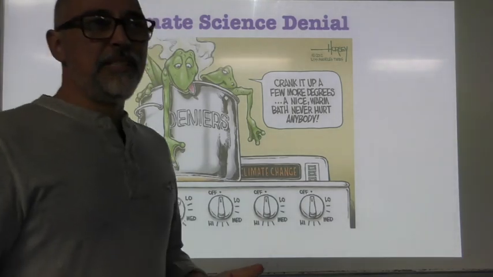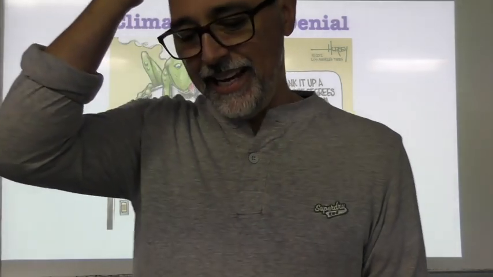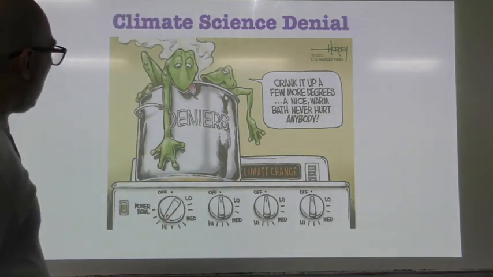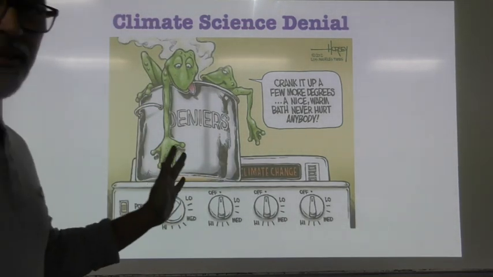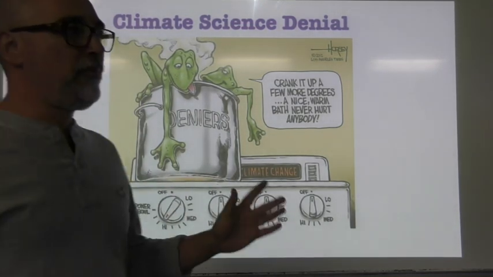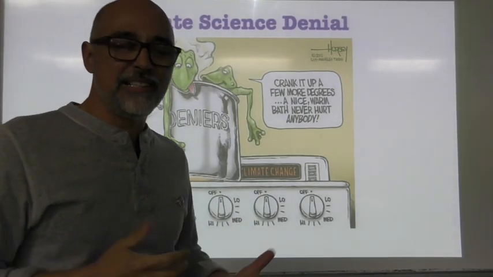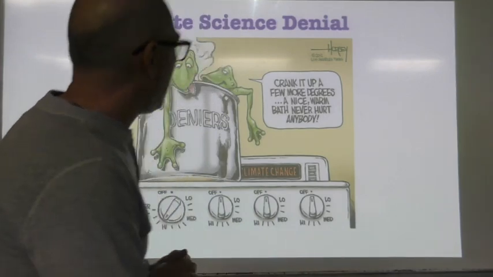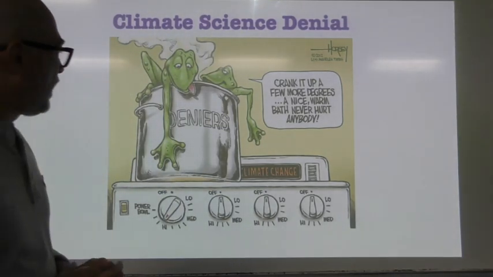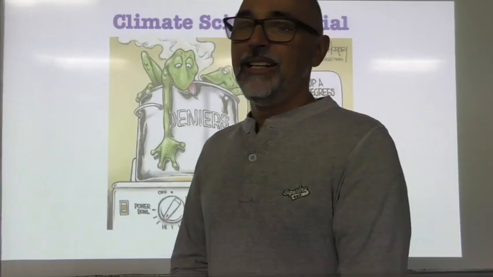We liken them to this very old saying that we have. This is a great cartoon to really describe where the climate change deniers sit. Okay, so this here is a picture of a frog inside a pot on a stove.